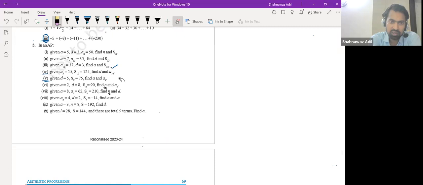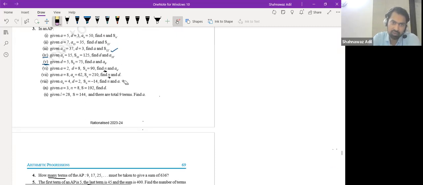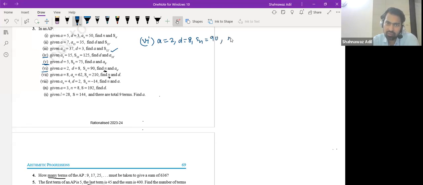Okay. So this sixth one. Please try this sixth question, right? A is given, D is given, Sn is also given. So you have to find N and An. So please solve this question. Sn you know. Sn is n by 2 into 2a plus n minus 1 into d.